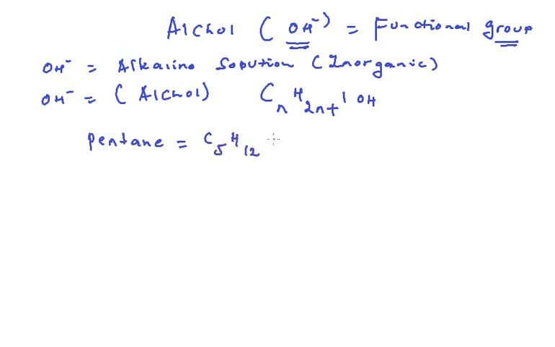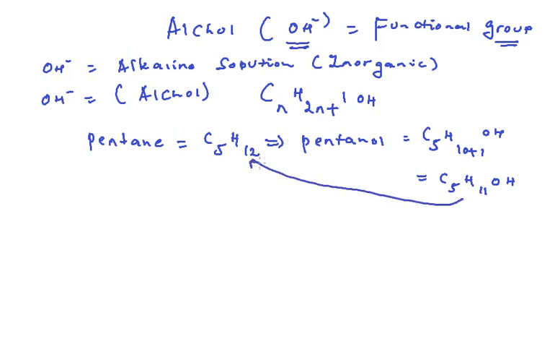And if I would like to have pentanol, it would be C5H, 2 times 5 which is 10, plus 1, OH, so C5H11OH. It's always one less hydrogen than pentane. So this time it's going to be pentanol.